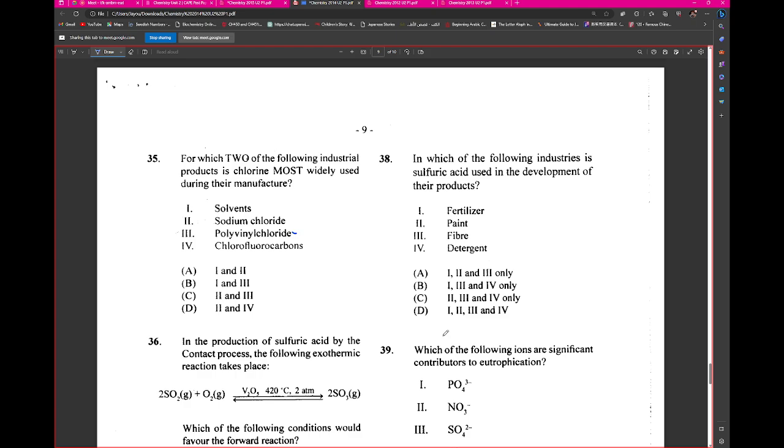Therefore, I believe it would be polyvinyl chloride, right? And probably some solvents, because the acids and the bleaches can be used as solvents. You get what I'm saying? If we remember that, I think it would be 1 and 3.